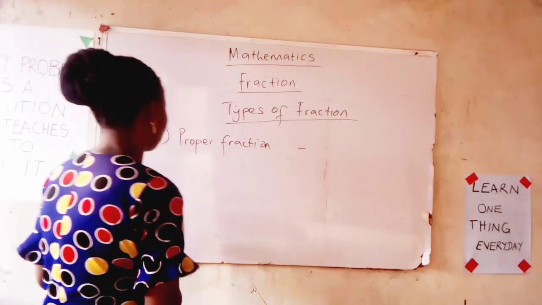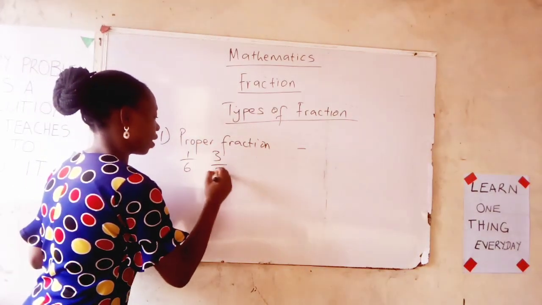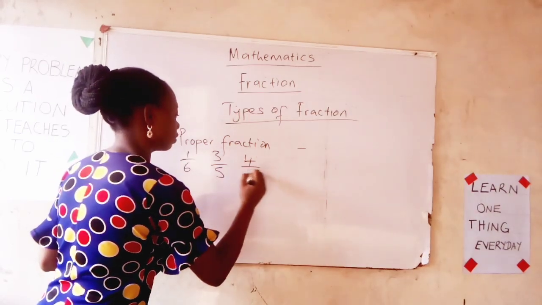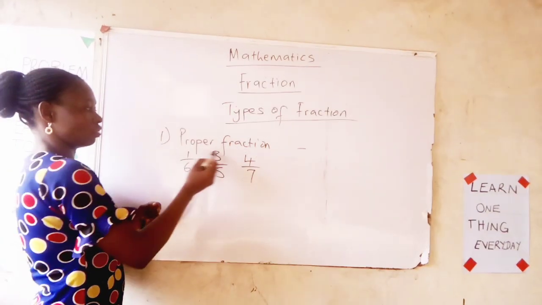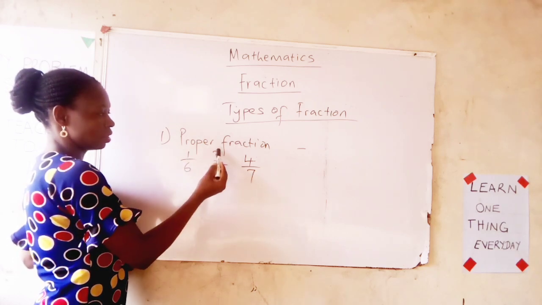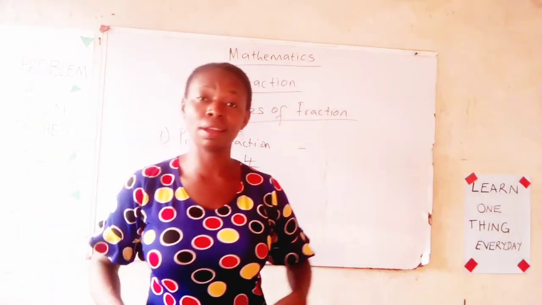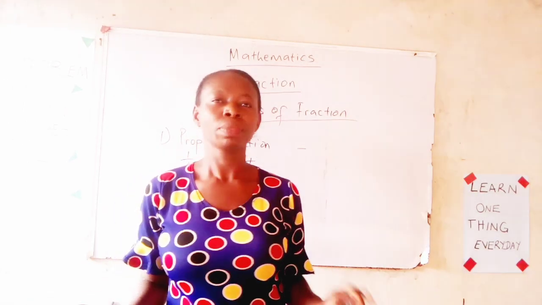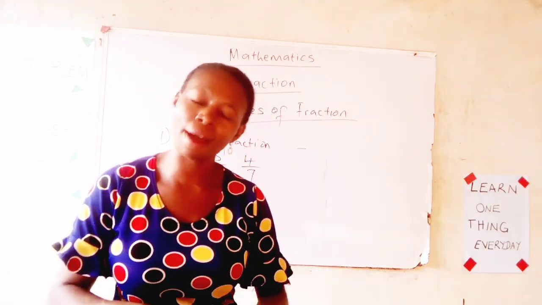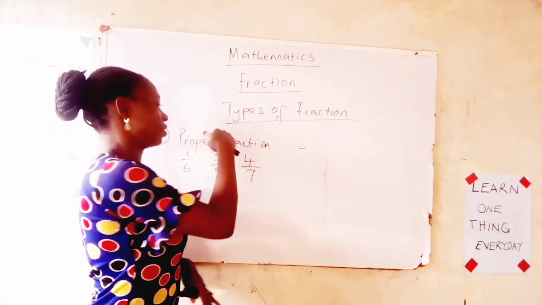You can see something like 1/6, 3/5, 4/7. The numerator is smaller. See the numerator. 1 is smaller than 6. 3 is smaller than 5. So this 5, which is the denominator, can carry it comfortably. That is what we call proper fraction. The denominator is bigger than the numerator.